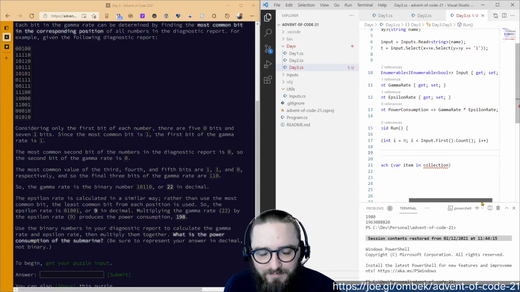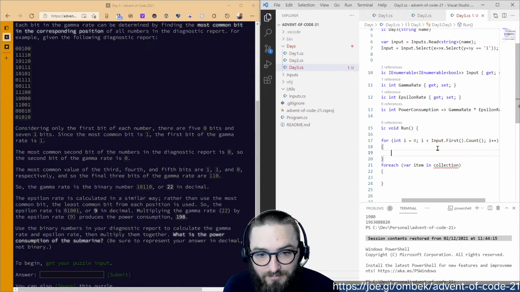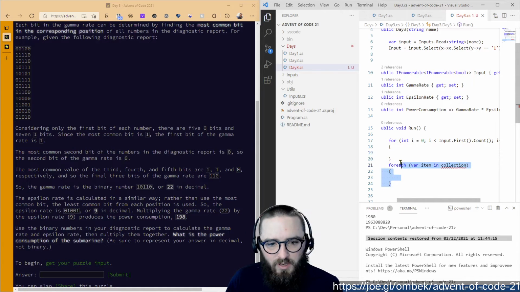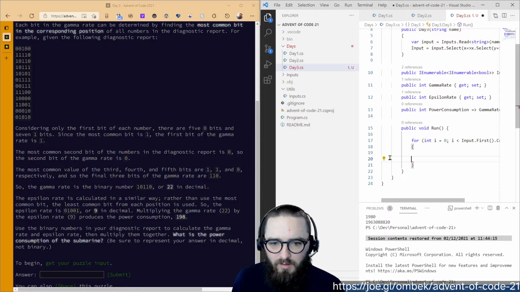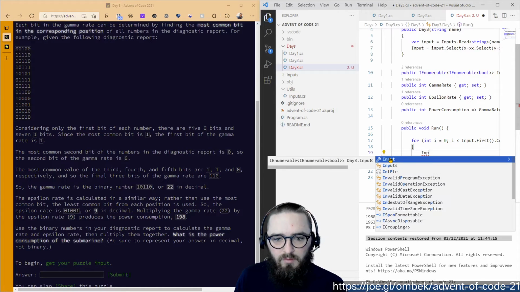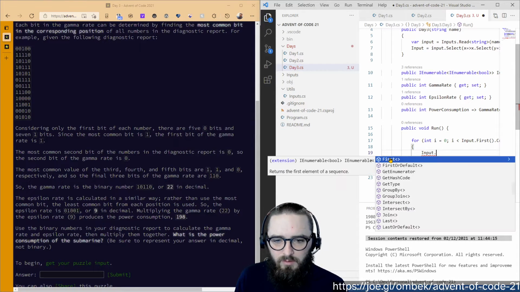So I'm looping through each column, and then I'm going to loop through each item in the collection. I'm not. I'm going to use some LINQ here because LINQ is simple.